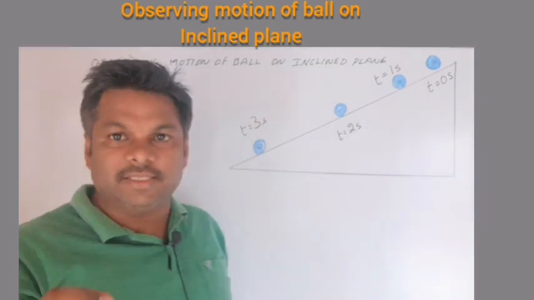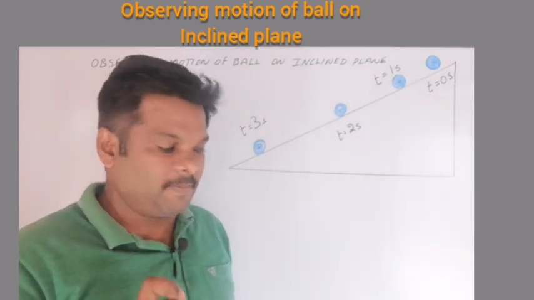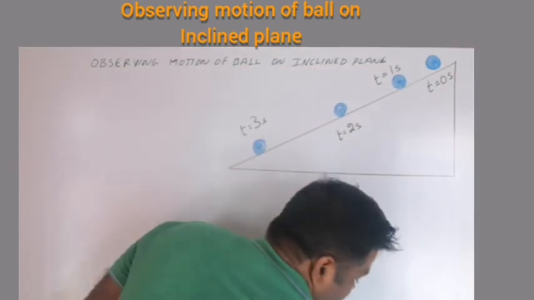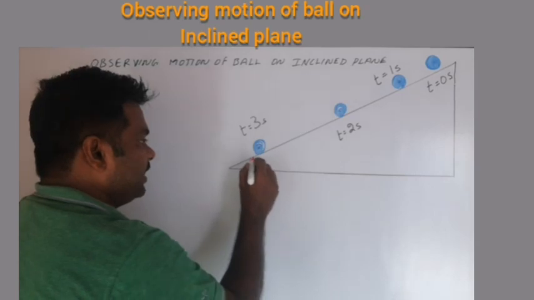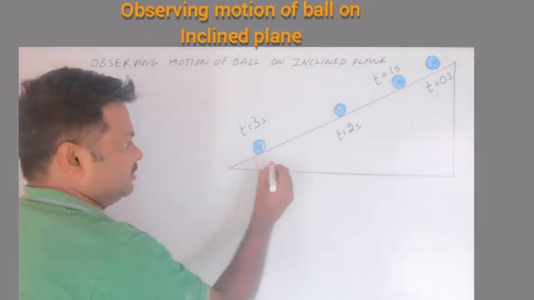Why are we calling it an inclined surface? Because it has an angle of inclination here. Some angle is there, theta.